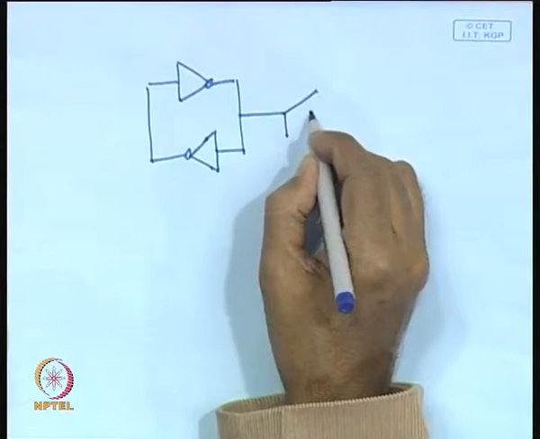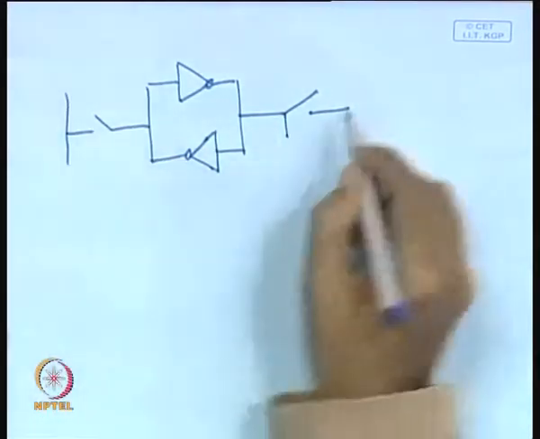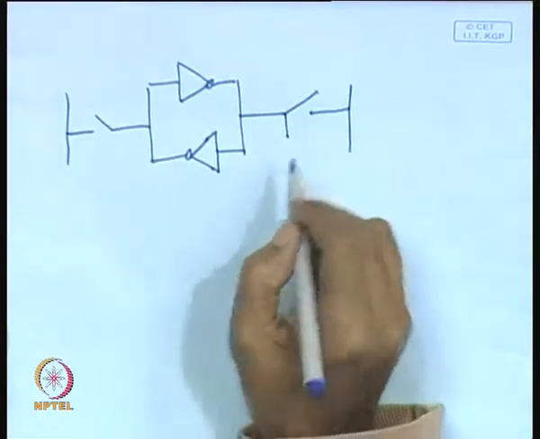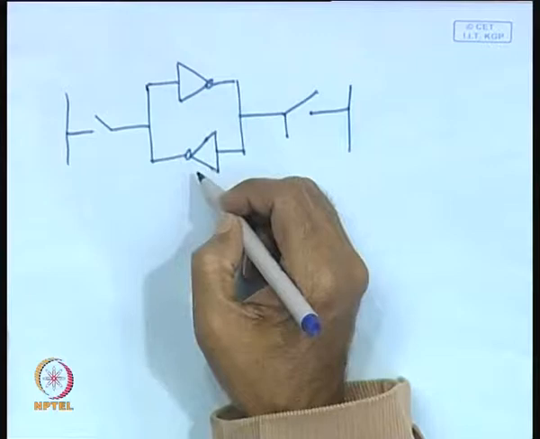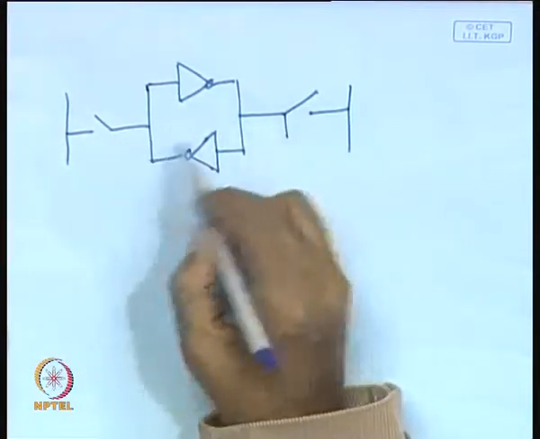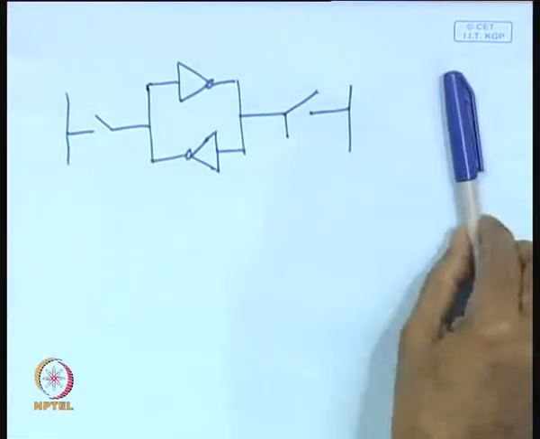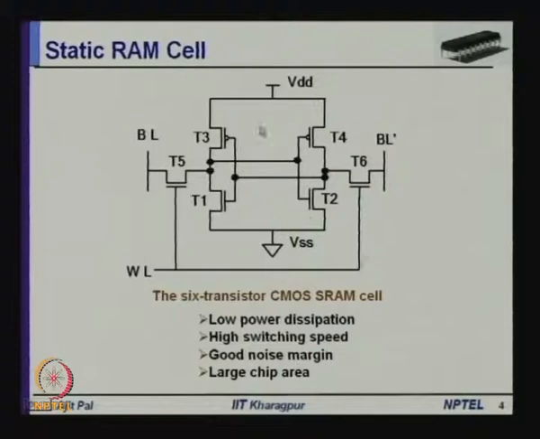Of course, these are all realized by using electronic circuit by MOS transistors. So, you have got two inverters connected back to back and two switches through which you can perform read and write operations. So, this is the basic building block generic circuit, and this is how it is being realized.